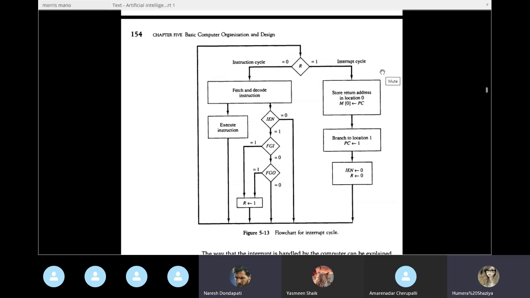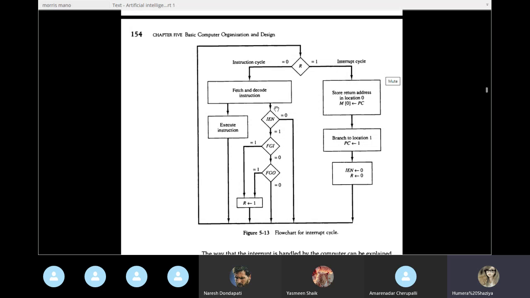To do that, the processor has to execute the interrupt cycle. Instruction cycle is a cycle in which the processor executes user programs. Interrupt cycle is a cycle in which the processor addresses IO requests.